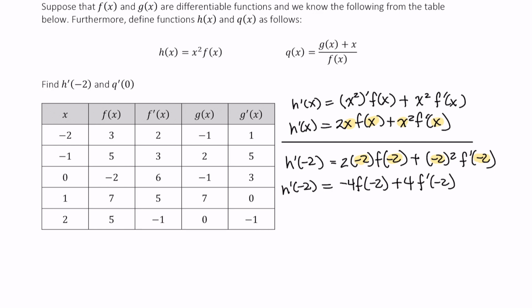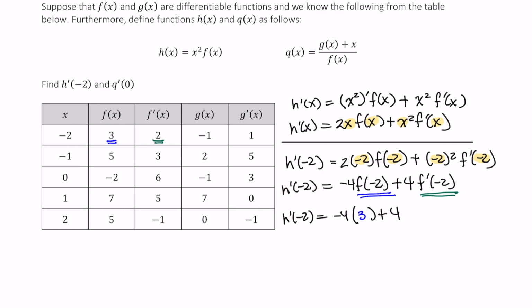What is f evaluated at -2? Here is f, here's -2. It is 3. So on my next line, I have h prime of -2 equals -4 times 3 plus 4. Now let's quickly determine what is f prime evaluated at -2.